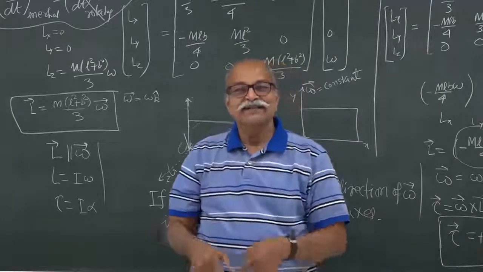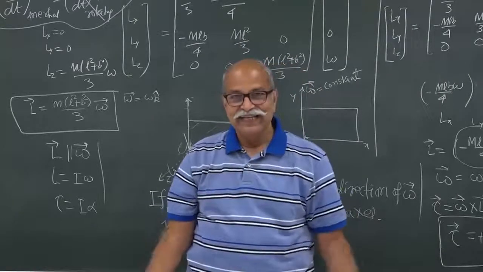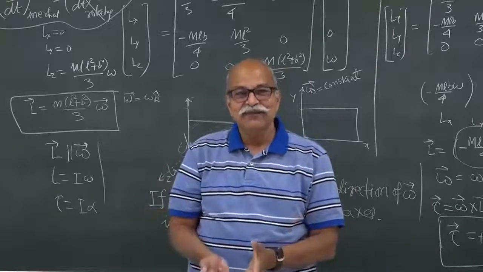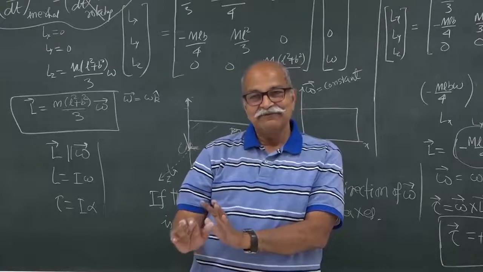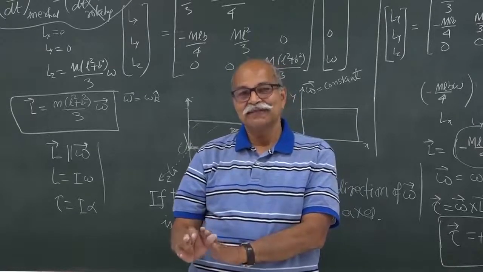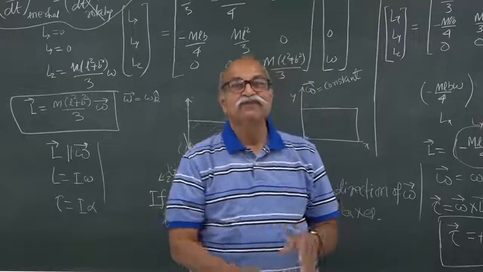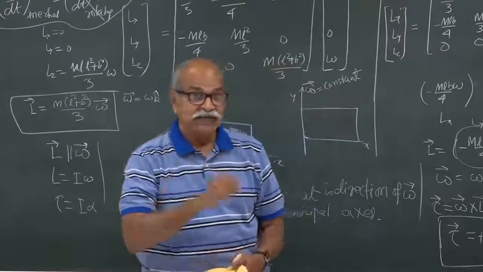But if symmetry permits, if the object is of some good geometrical shape, you can find those principal directions just by inspection. So, there are 2 simple rules which work most of the time. I will tell you about that.